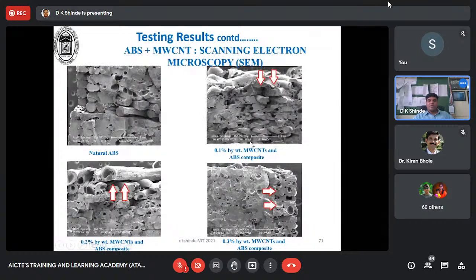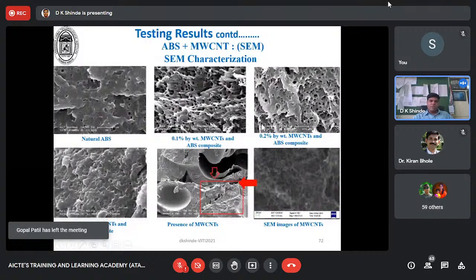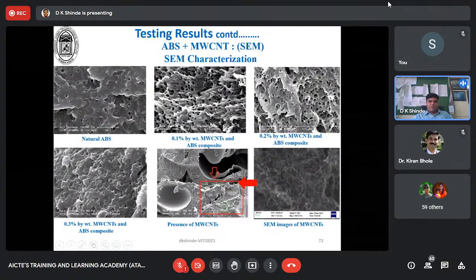We want to see whether the CNTs will be dispersed in a similar way in this one. At smaller scale, natural looked like this, then 0.1, 0.2, 0.3, and this is from the presence of CNT.